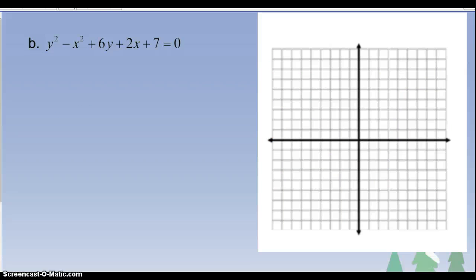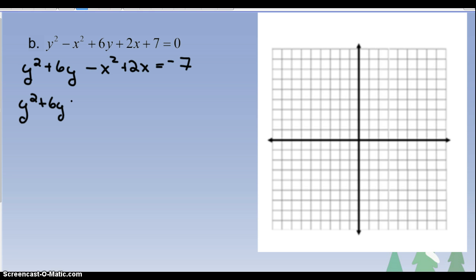we have to go through and do a little completing the square fun. So let's do it. First thing first, put the y's together, put the x's together. You'll notice I put y's first because the y squared was positive, and move your constant to the other side. Next, we're going to complete the square.